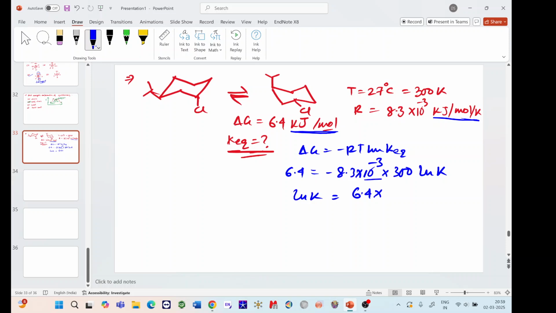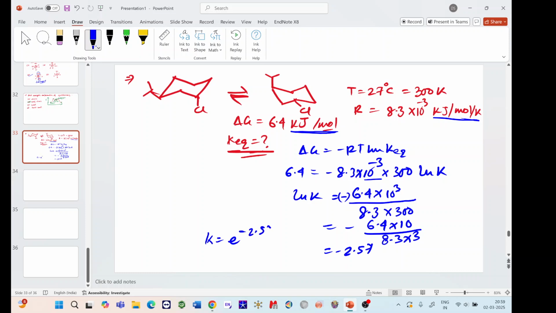So minus 6.4 into 10 by 8.3 into 3. How much will it come? Minus 2.57. Then K is equal to e to the power minus 2.57, right? How much is it coming? 0.076.